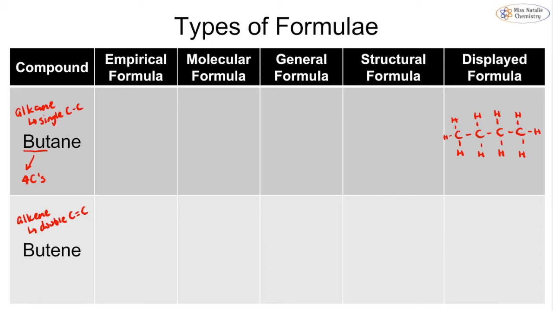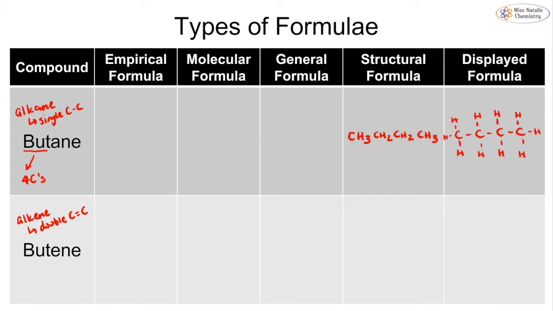Now, when we go to structural formula, what we do is we take that displayed formula and we just shrink it into smaller chunks. So we take the first part, which is a C and 3 hydrogens. Then the next is CH2, another CH2, and then CH3.